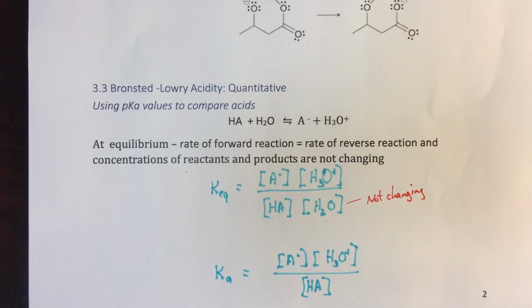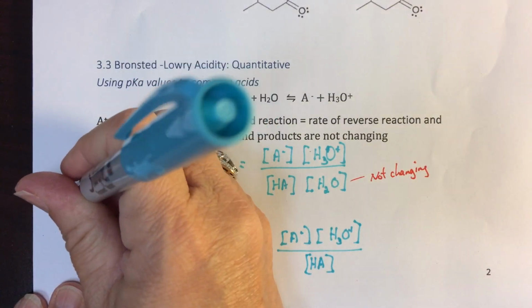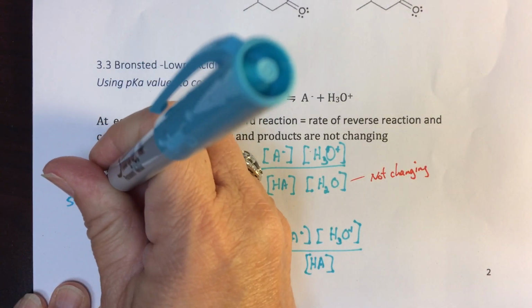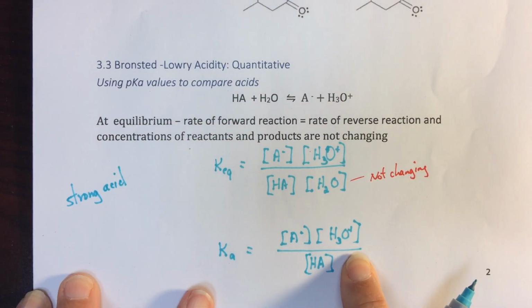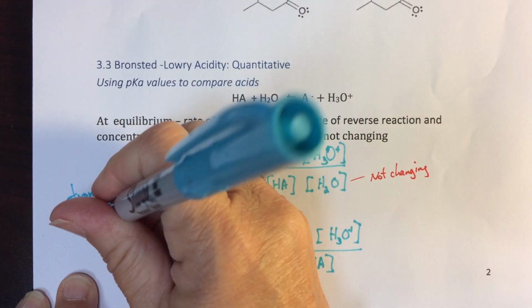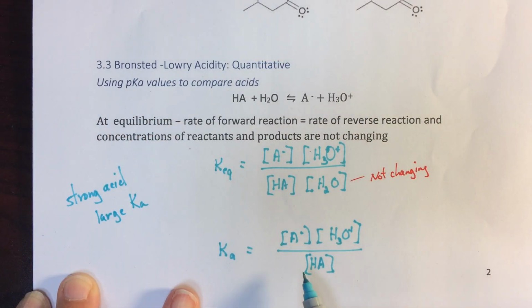Now, we would expect strong acids to have a high Ka, or a large Ka, because we'd expect a strong acid to make a lot of these products and not have very much of the reactant left.